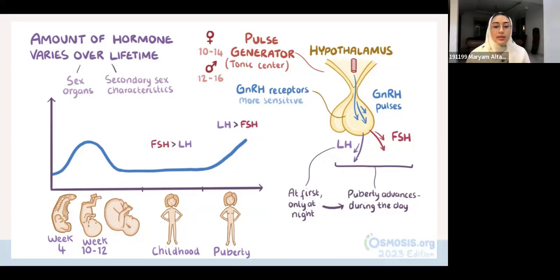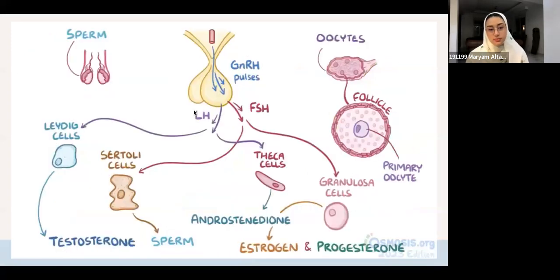Okay. And over time, your LH kind of gets higher than your FSH. But this also differs for males versus females and at different phases, for example, in the menstrual cycle. And so puberty in females usually happens between ages 10 to 14, males a bit later, between ages 12 to 16. So this is what happens. Your GnRH pulses lead to LH and FSH.